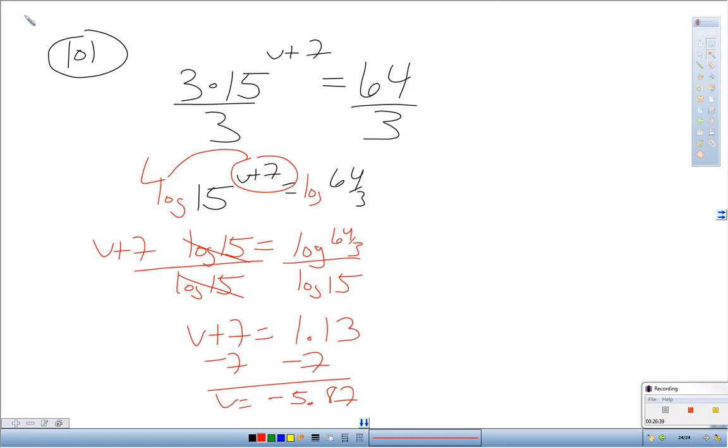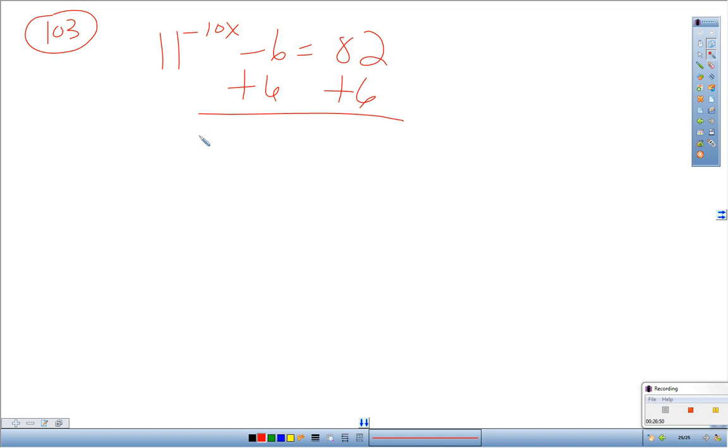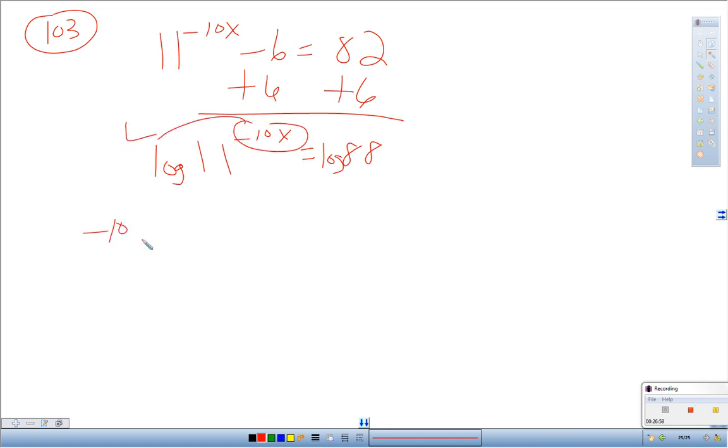All right, last one, 103. I've got 11 to the negative 10x minus 6 is equal to 82. First thing I'm going to do is add 6, so that gives me 11 to the negative 10x equals 88. Now I'm going to log both sides so that the negative 10x comes down. So I have negative 10x log of 11 equals log of 88. Next thing I'm going to do is divide by log of 11.